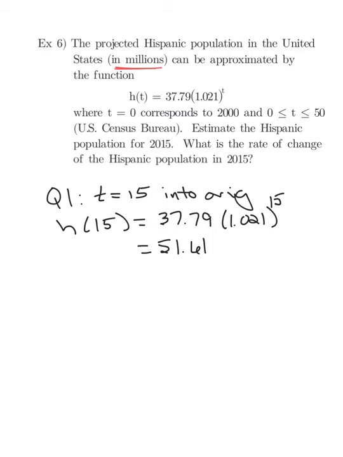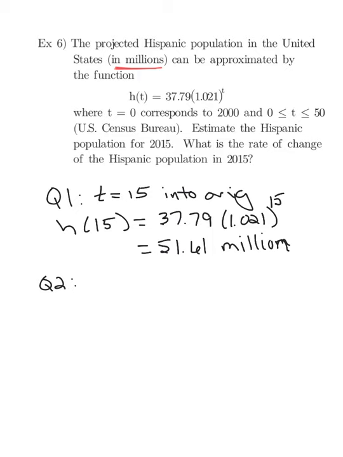So when we get this 51.61, that means there are 51.61 million Hispanics in 2015, approximately. And if you think about it, that makes sense. It wouldn't be just 51.61 Hispanic people in the year 2015. That's nonsense.